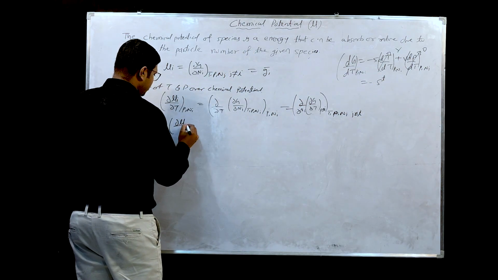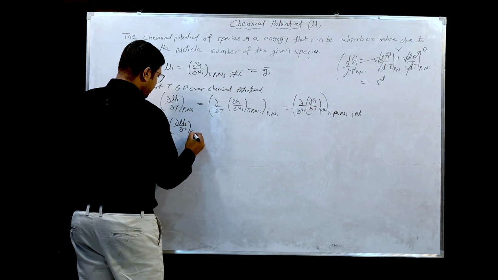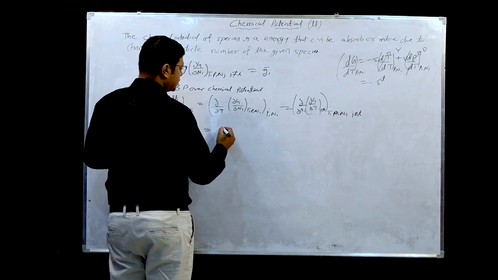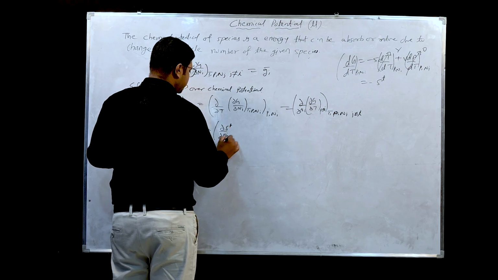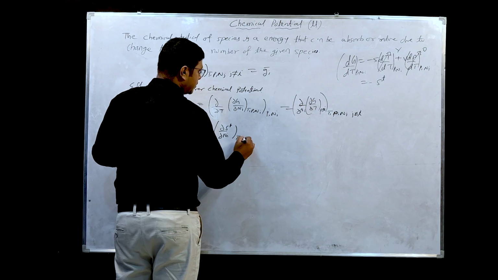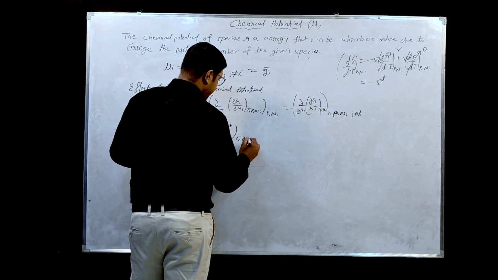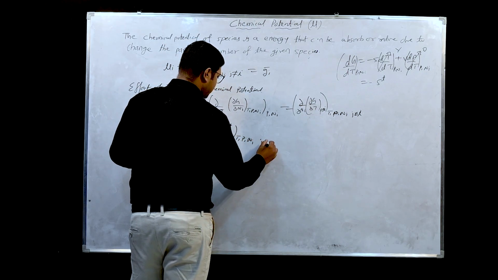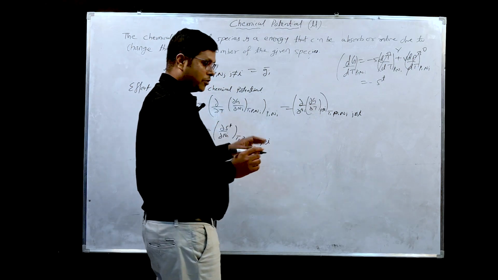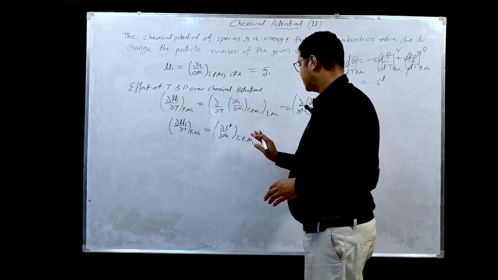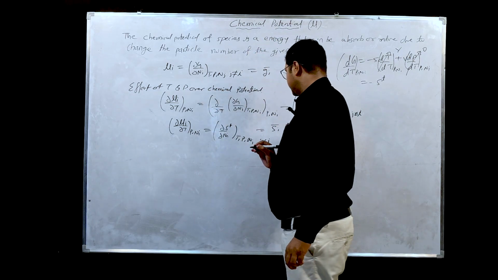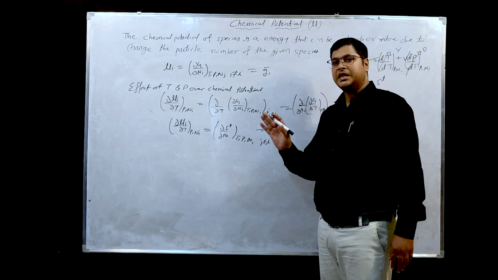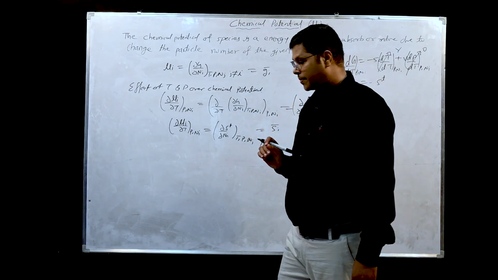So now ∂G/∂T with P and Ni we can write as St, so that ∂μi/∂T at P, Ni is equal to ∂/∂Ni of St, where temperature, pressure and Nj, where j is not equal to i, and ∂St/∂Ni we can write as Si bar, the partial molar entropy.